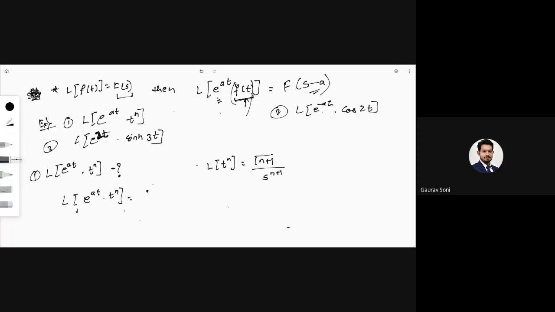I found Laplace of t raised to n, the answer for which is gamma of n plus 1 upon s raised to n plus 1. In this, I have to replace s by s minus a. So that will be equal to gamma of n plus 1 upon s minus a raised to n plus 1.